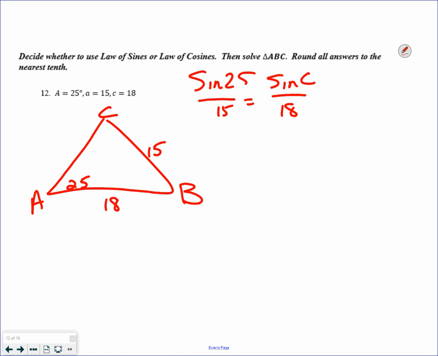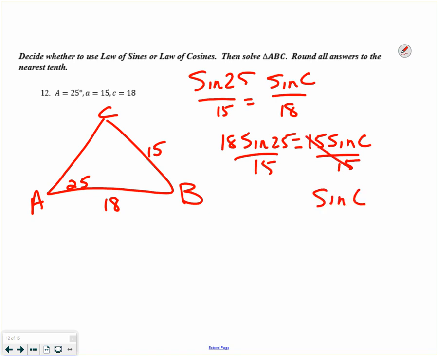Cross multiply to solve. So I'm going to end up with 18 times the sine of 25 equals 15 times the sine of C. Divide by 15. So that will give me sine of C. Then take the inverse sine, and C would equal 30.5 degrees.